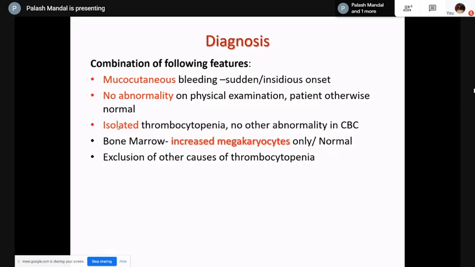It is an invasive procedure, it carries some risk, and needs expertise also. Not everybody can perform a bone marrow examination. Unless a person is trained, he or she cannot aspirate. There are two methods: bone marrow aspiration and bone marrow trephine biopsy. So that needs expertise.